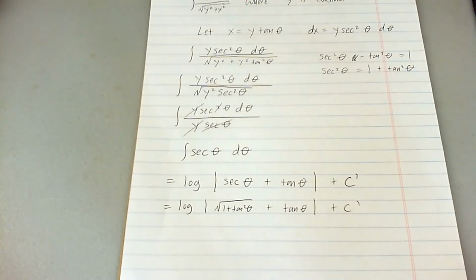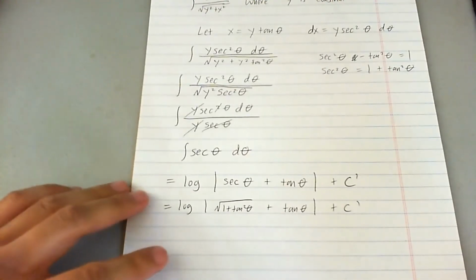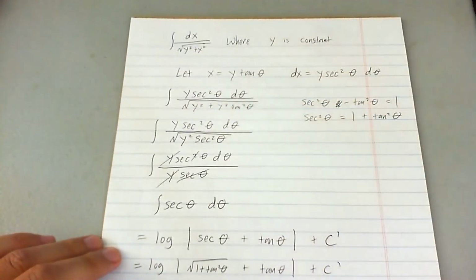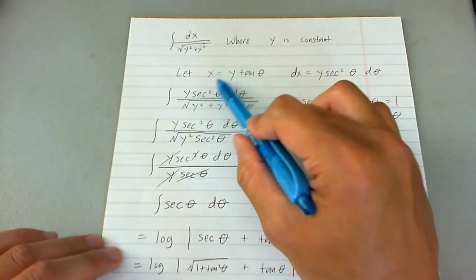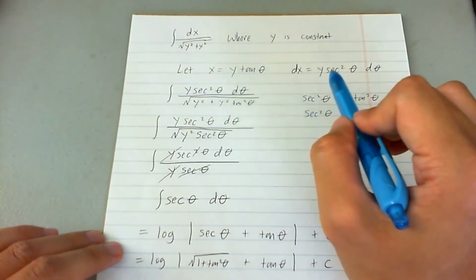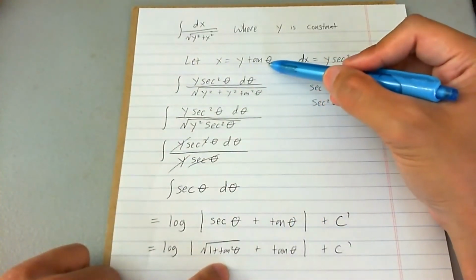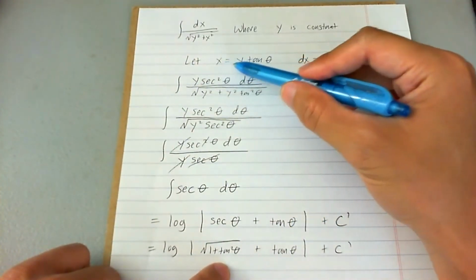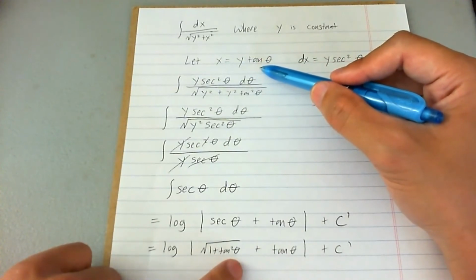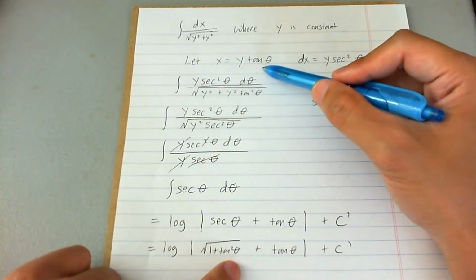Okay, now what we're going to do is a substitution back into the original values, so we want to get it in terms of x's and y's. First of all, we see that tan theta is just x divided by y. So tan squared theta is x squared over y squared.